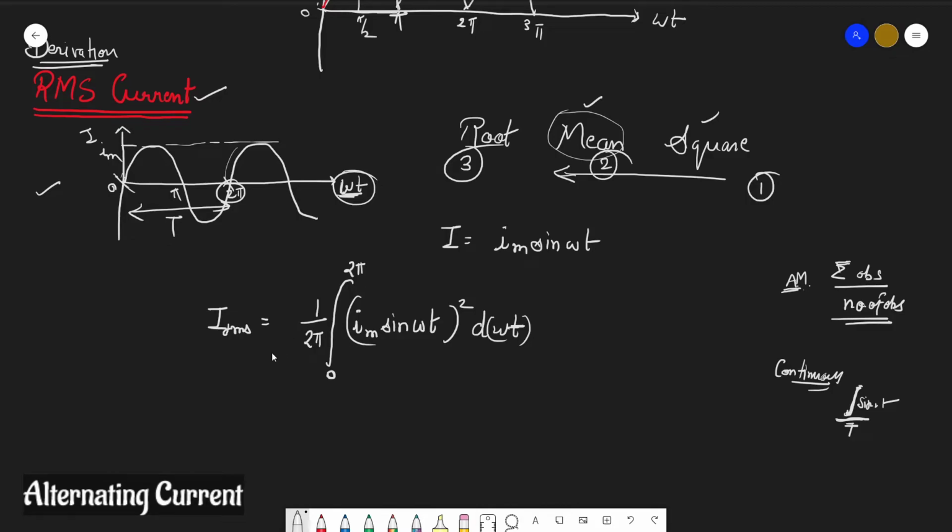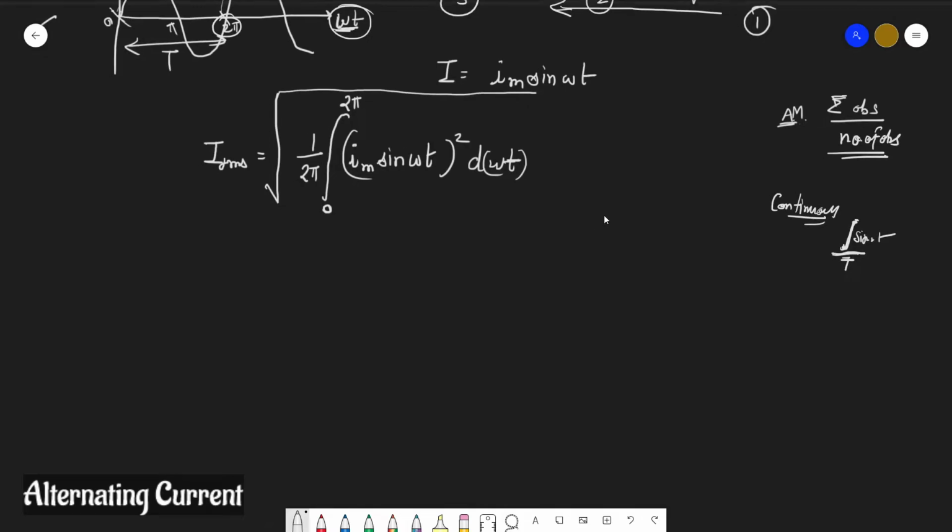Finally, we need to take the square root. Making this under root, again I will use power minus half.